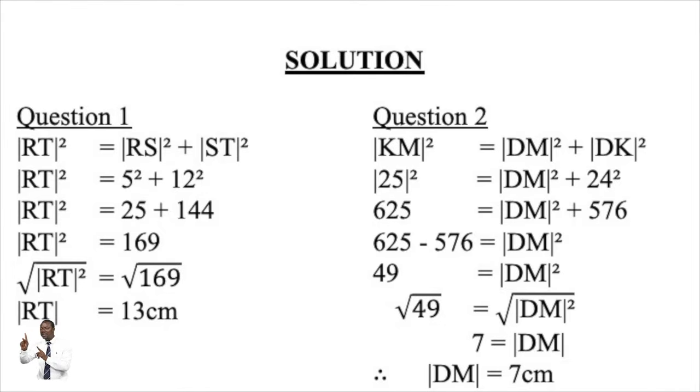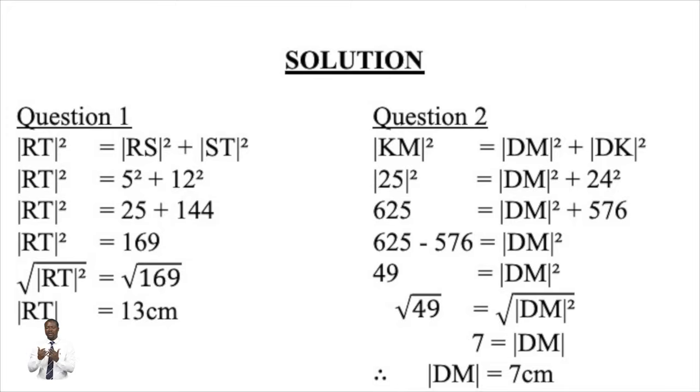So we make the substitutions rightly. Don't also forget that they are squared, so you need to square them. The square of 25 is 625, and the square of 24 is 576.